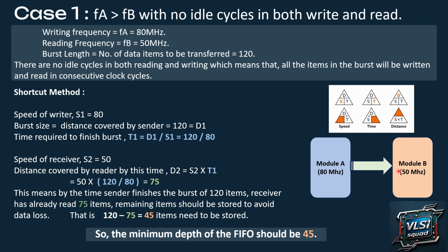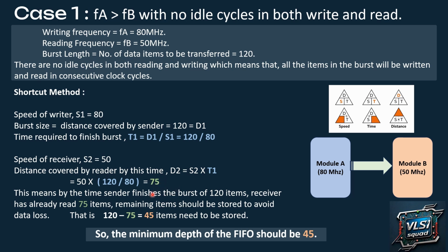And now let's go on to the receiver side. Receiver speed is 50 megahertz, so I'm taking it as 50. Now the distance covered by the reader by the time the sender sends the whole data: distance is always speed into time. So speed is the reader's speed, and time is the time when the sender sends all the 120 data items, and that will be calculated to 75.